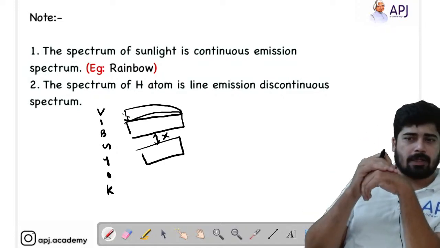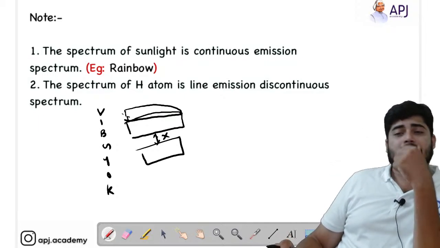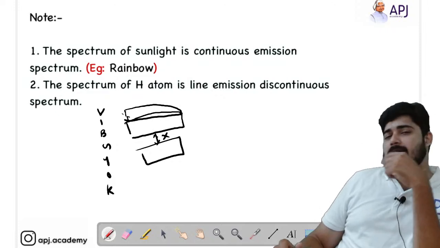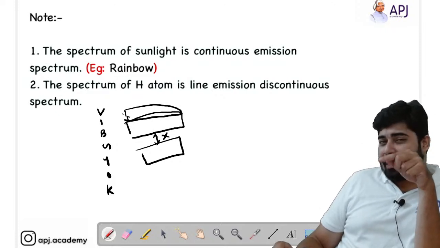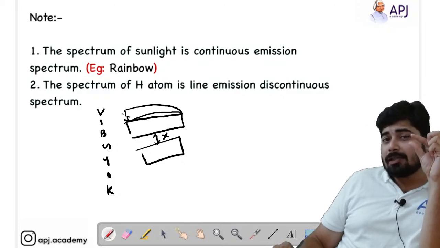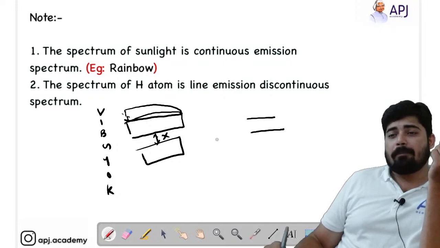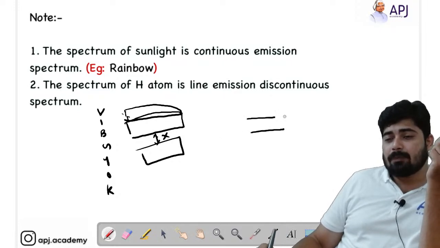emission spectrum of sun. Now if you consider the emission spectrum of hydrogen atom, it is discontinuous. It is not of similar energies. So if there is a large difference between the energy of radiations, then obviously there will be a gap between the spectral lines.